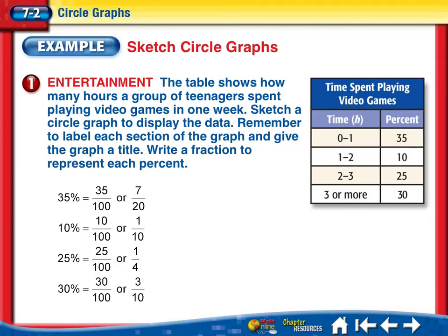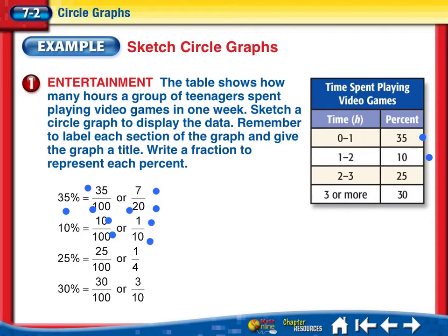Okay, so 35%, it's written out as 35 over 100. Simplified is 7/20. 1 to 2 hours is 10% of the time. 10%, it's written as 10 over 100 or 1/10 simplified.